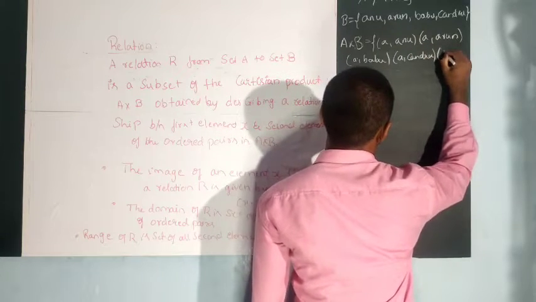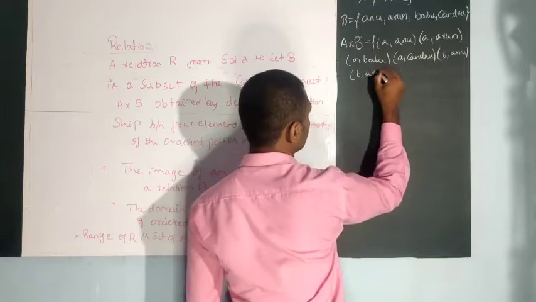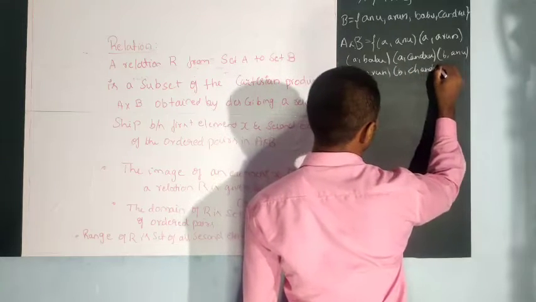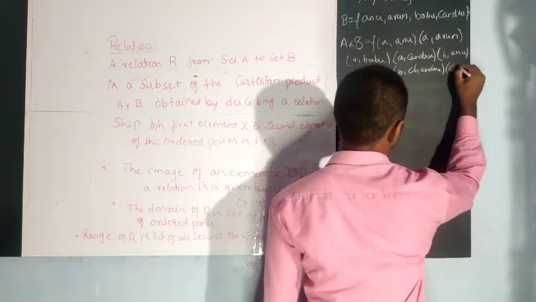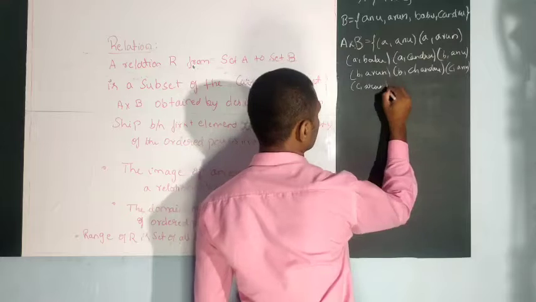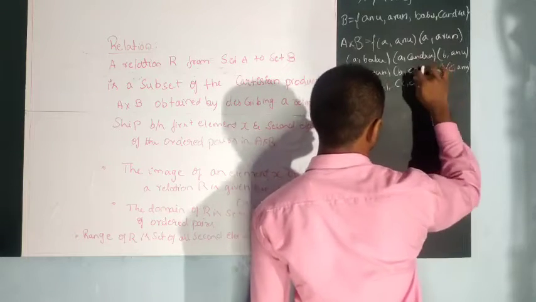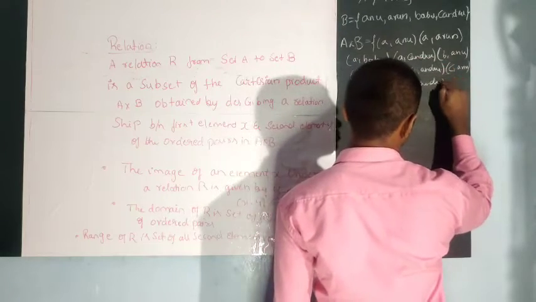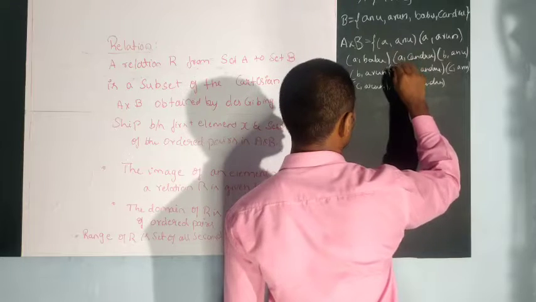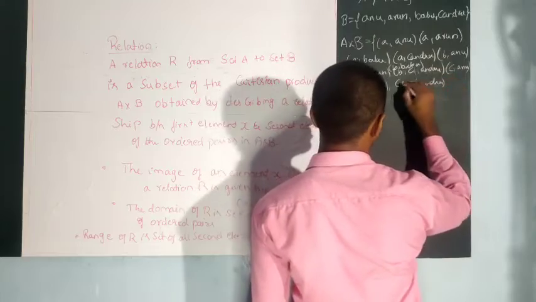Then B comma Anu, B comma Arun, B comma Chandru. Similarly, C comma Anu, C comma Arun, C comma Chandru. Here we have left out B comma Babu only.